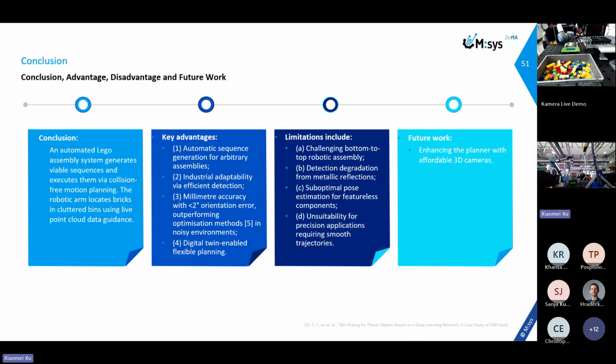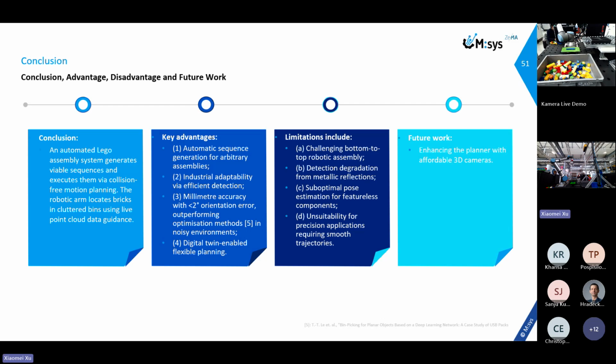Today we present an automatic Lego assembly system that generates a feasible simulation and executes it via collision-free motion planning. The robotic arm locates bricks in a cluttered bin using real-time guidance.